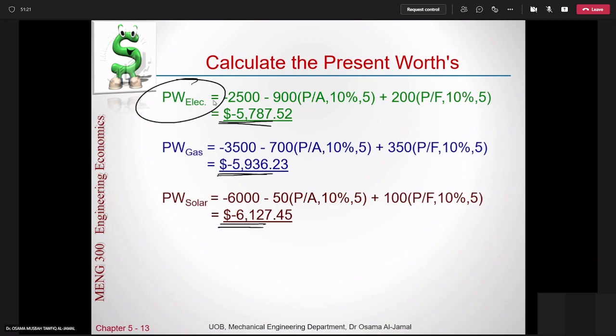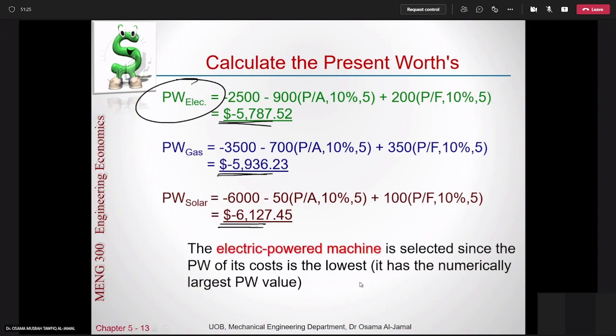Electric power generator. So the electric power machine is selected since the present worth of its cost is the lowest.